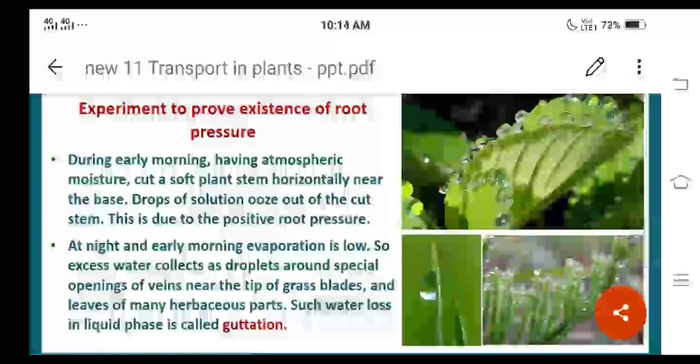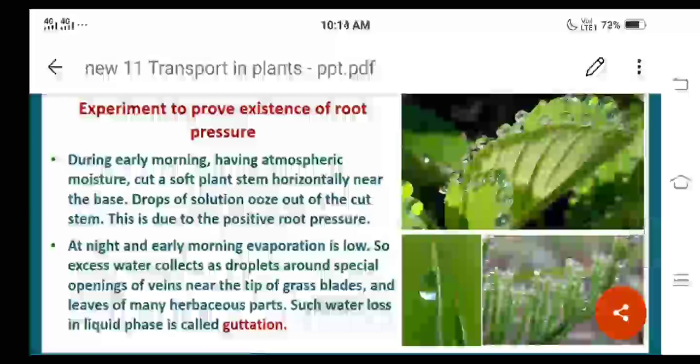Grass blades are nothing but monocot leaves, right? And also leaves of many herbaceous plants, say for example dicot plants, right? Those openings are called hydathodes, or they are also called water stomata, right? Such water loss in liquid phase is called guttation, right?